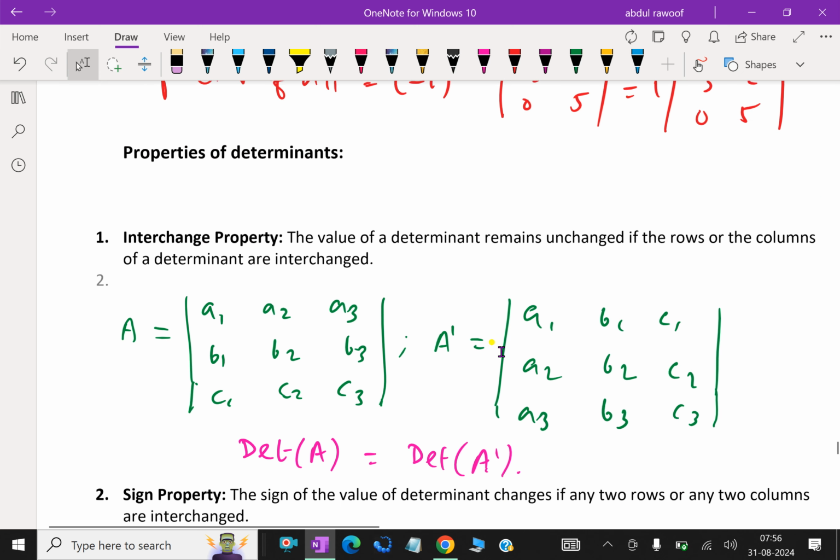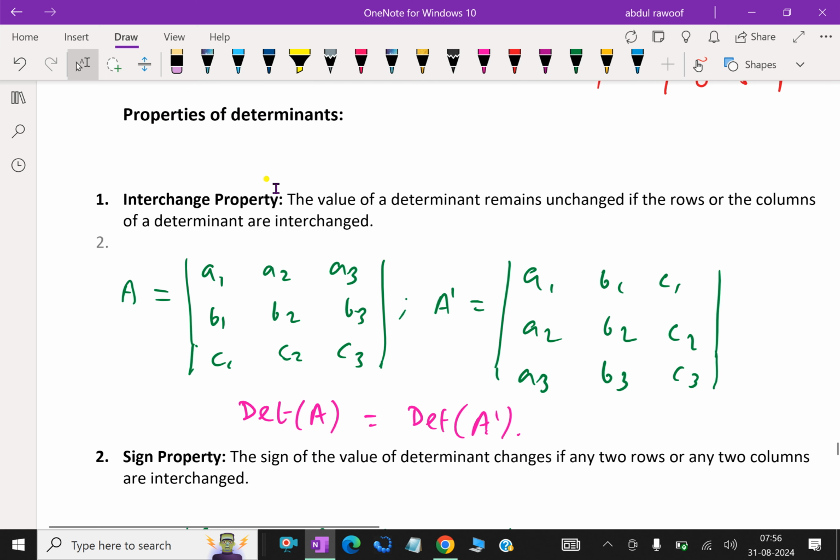Then let us discuss the properties of determinants. Interchange property. What is the interchange property? The value of a determinant remains unchanged if the rows and columns of the determinant are interchanged. Look at here. This determinant A is A1, A2, A3, B1, B2, B3, C1, C2, C3. So the determinant remains unchanged when the rows and columns are interchanged.